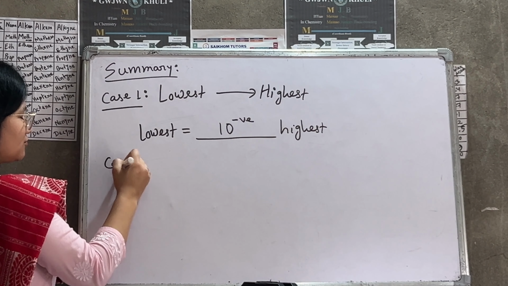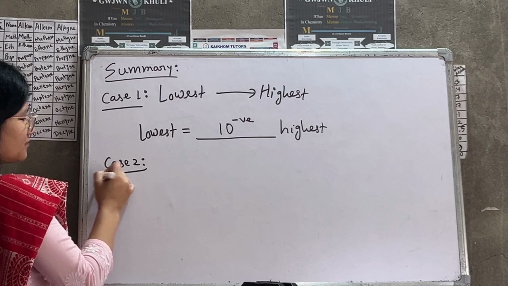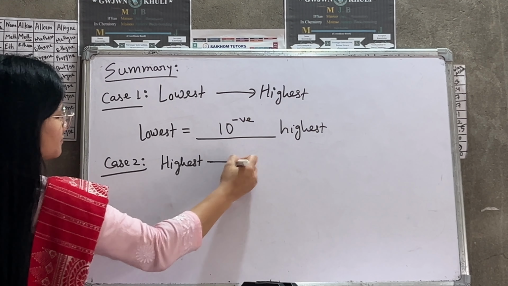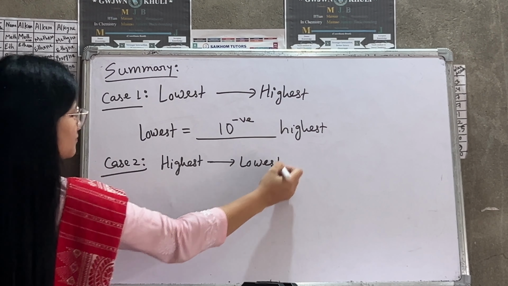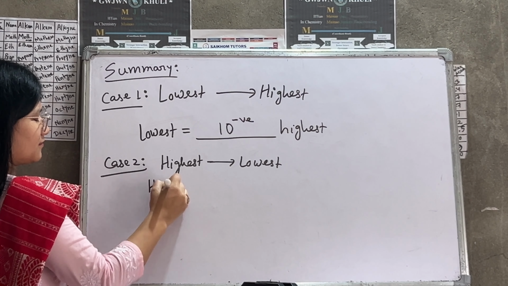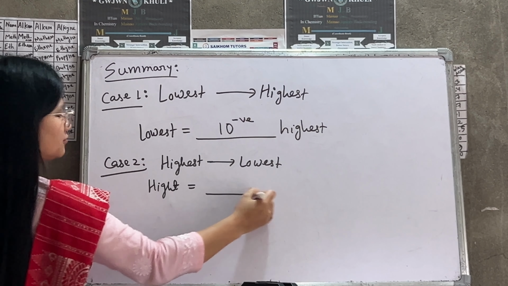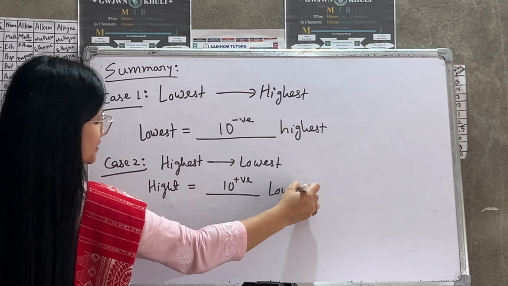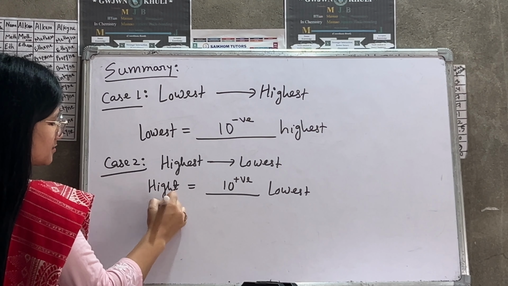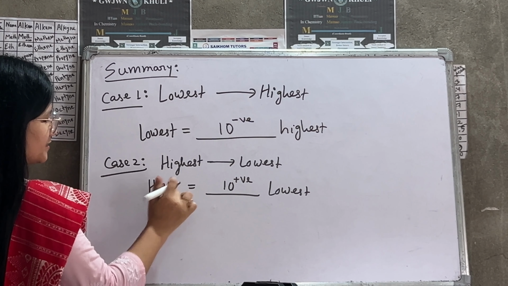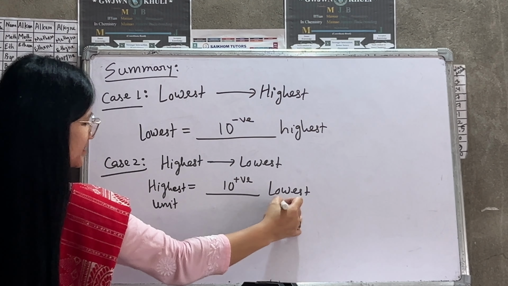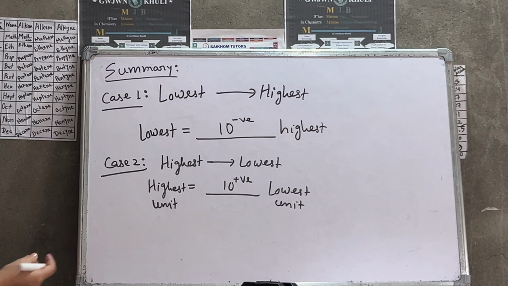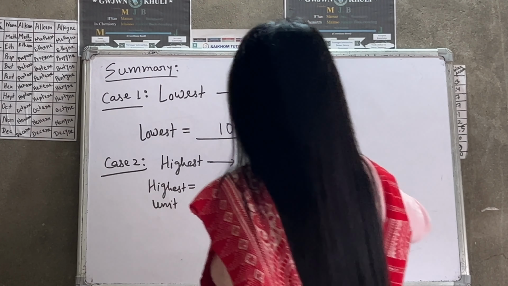And case 2, from highest to lowest: highest unit equals 10 to the positive power of the lowest unit. This is the highest unit and this is the lowest unit. Clear? This is the trick.